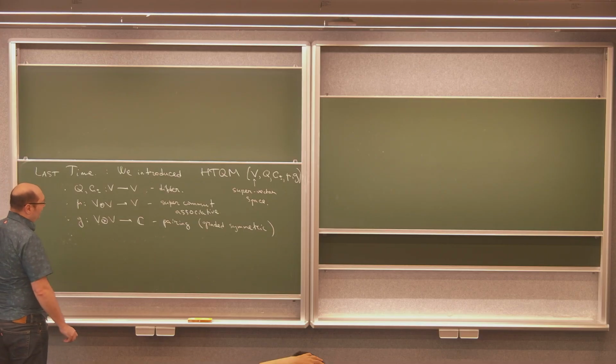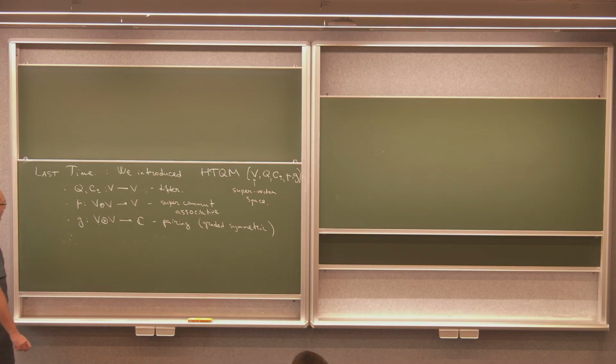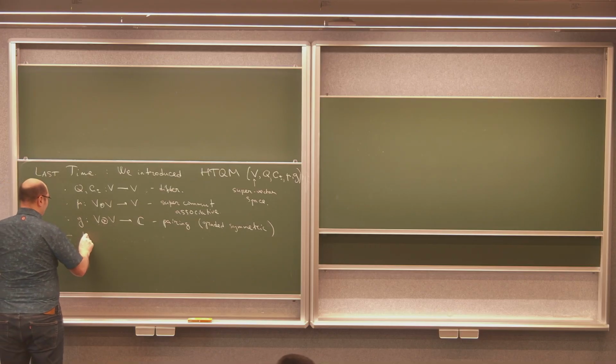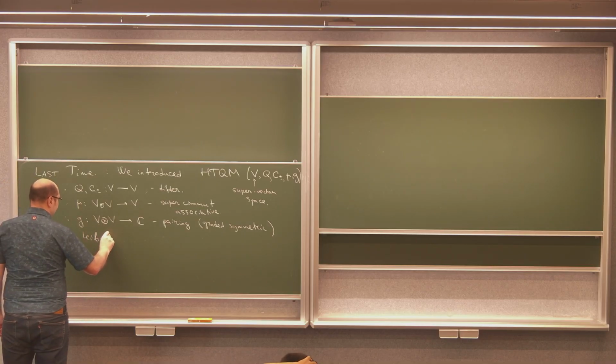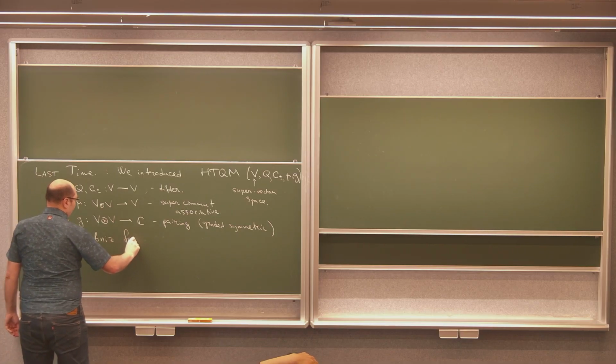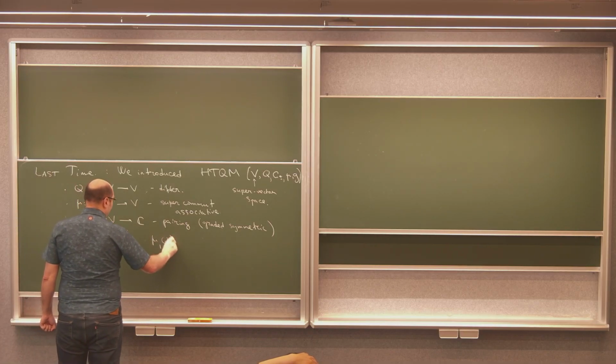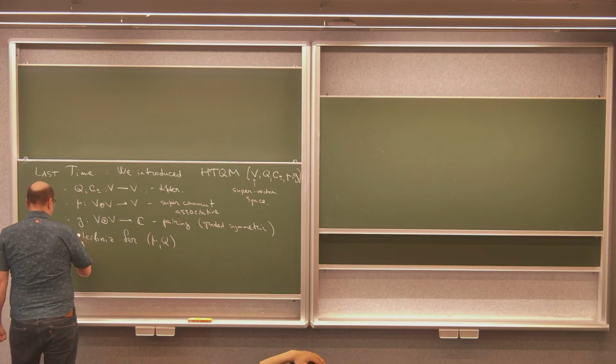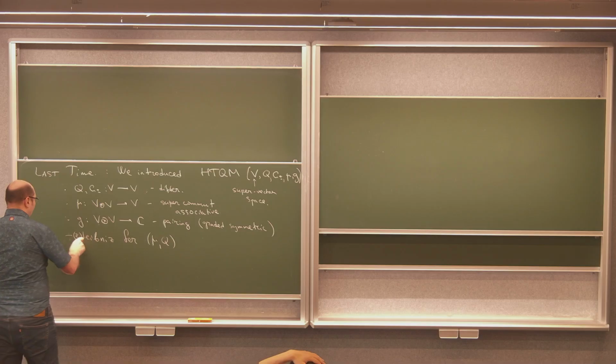Okay, and then we have a bunch of consistency relations. So we have Leibniz for this pair mu with Q, or to be more precise, the graded version of Leibniz.